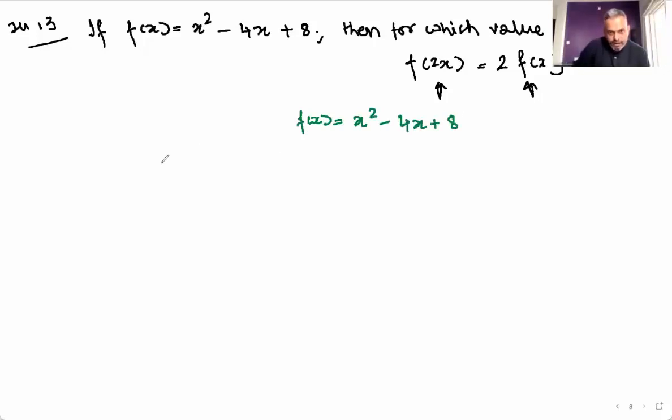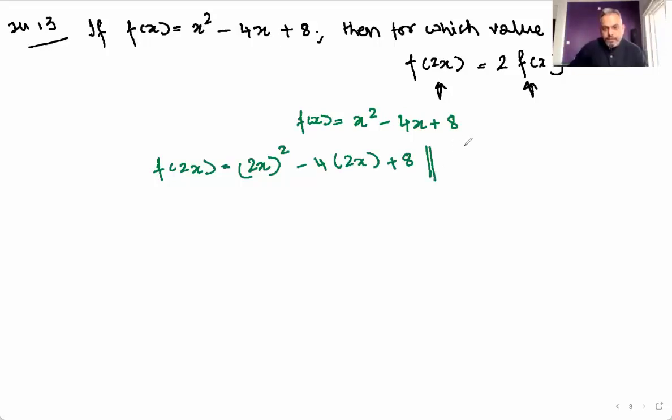Now let's take f of 2x which is equal to, अब क्या करेंगे ध्यान दो प्लीज स्टूडेंट्स, 2x है तो ये x square will be replaced by 2x, so it will become 2x the whole square minus 4 into 2x plus 8.